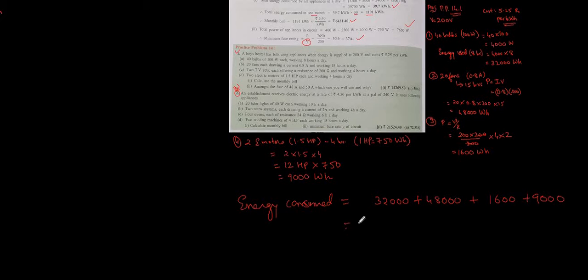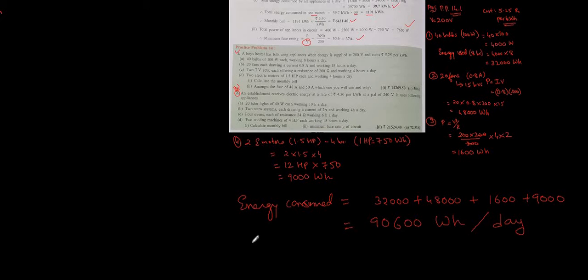So how much does it come up to? 32,000, that is for the 40 bulbs, 48,000 that is for the 20 fans, 1600 that is for 2 TV sets, and 9,000 that is for 2 electric motors. So it comes up to 90,600 watt hour. This is per day.